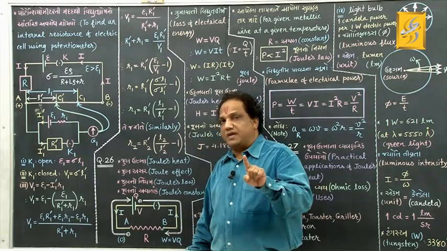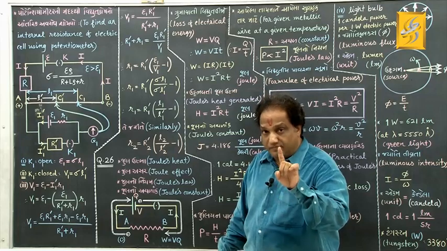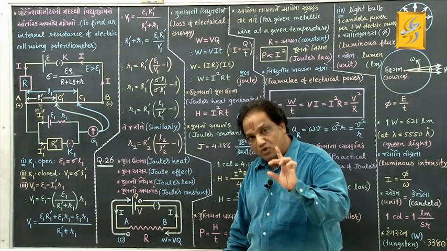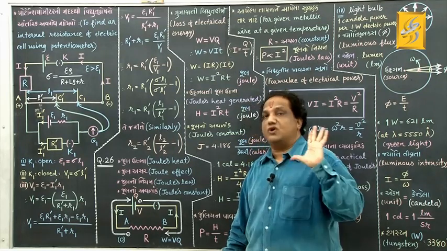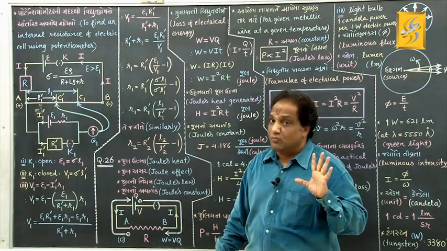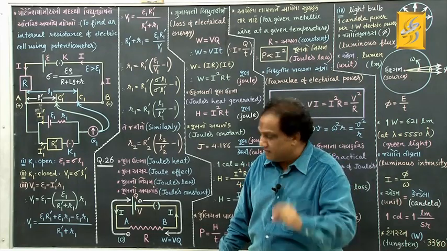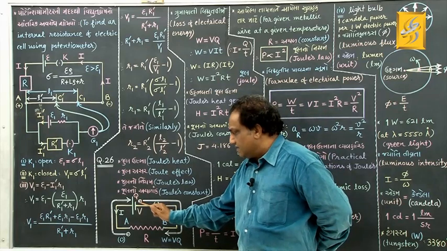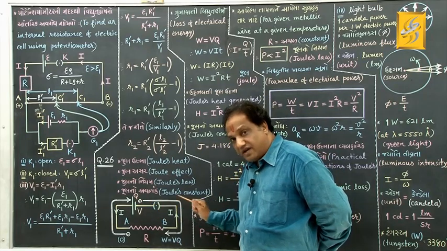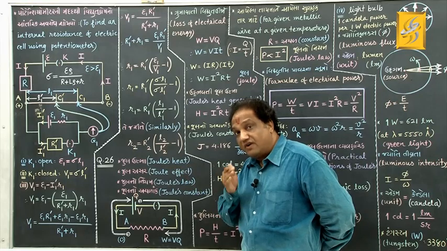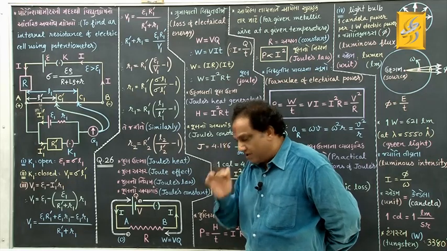But actually speaking, the current is produced by the motion of free electrons. Now you know how is that motion? It is called drifting motion, because electrons are moving with great difficulty. Actually what happens?